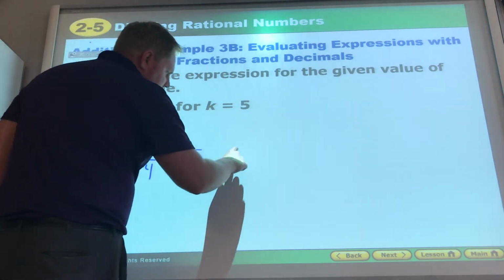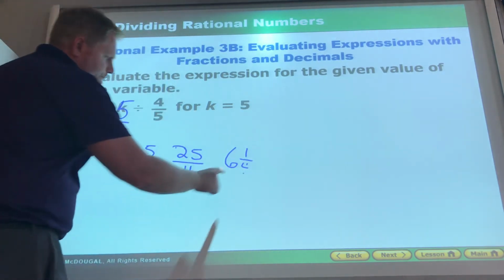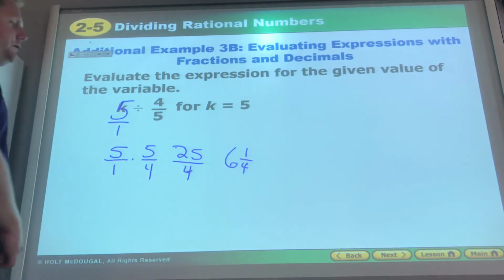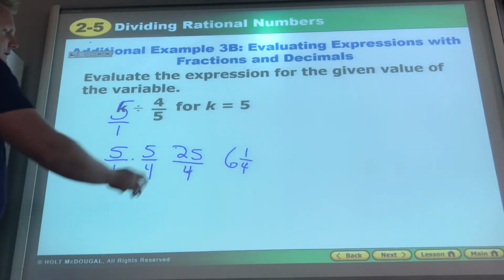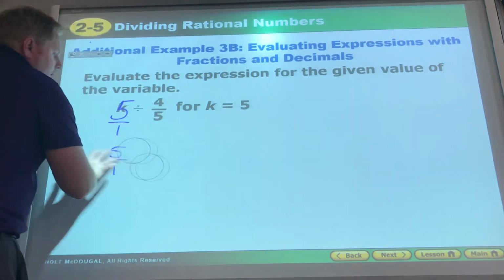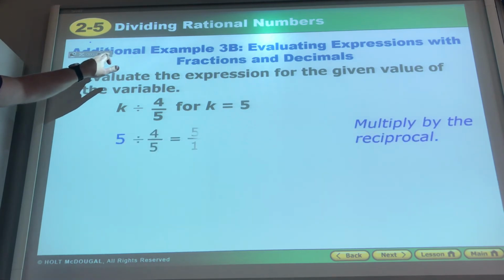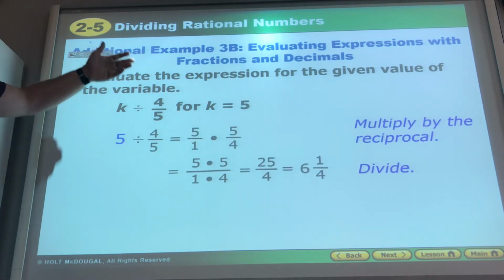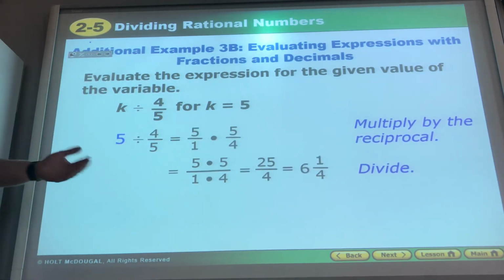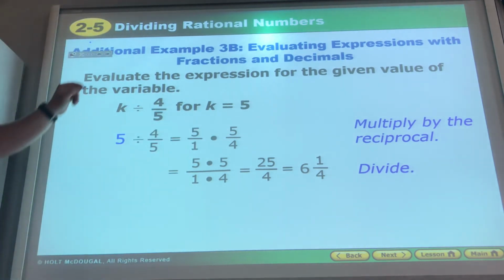That will be the same as 6 and 1/4. We turn this improper fraction into a mixed number. All right, let's show you what they did. Put those in there. All right, 6 and 1/4, because they had to multiply by the reciprocal. Okay.